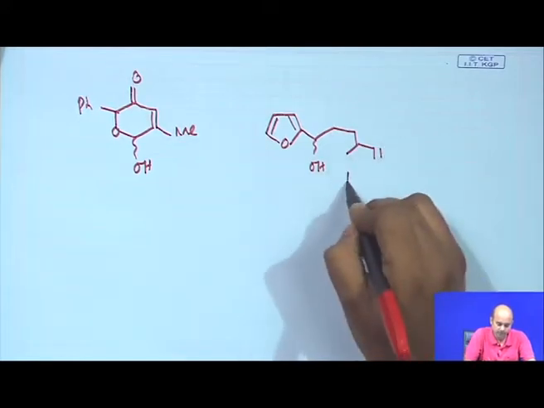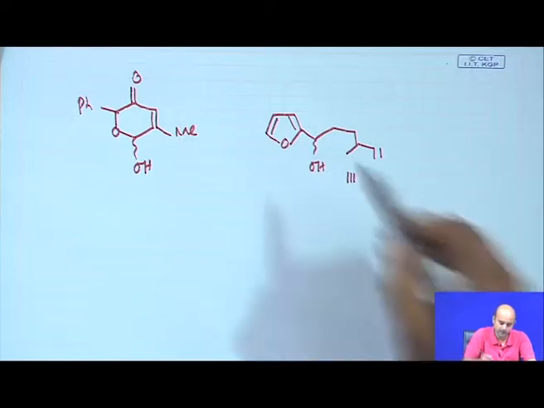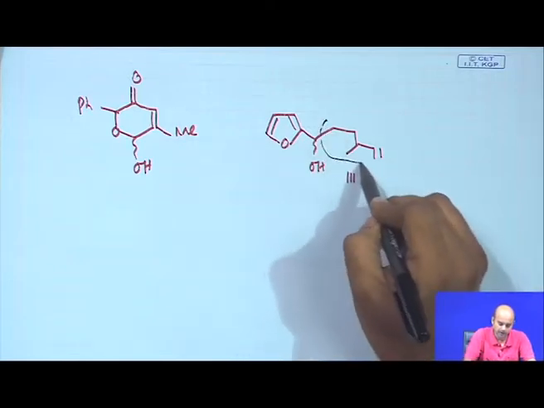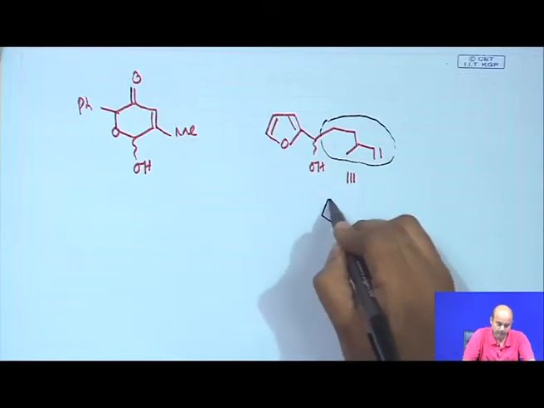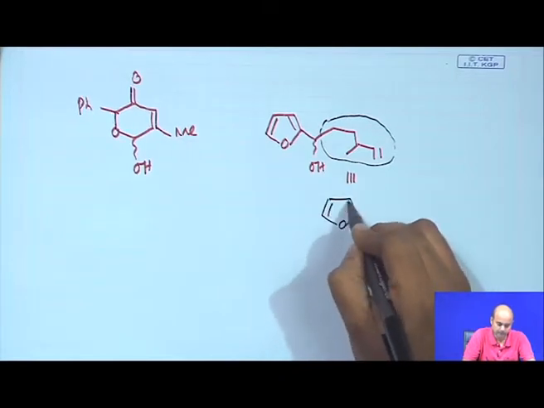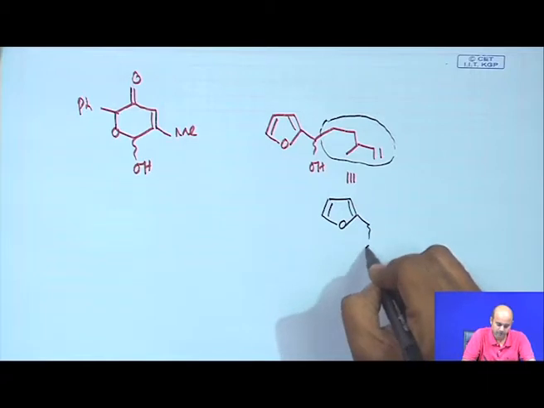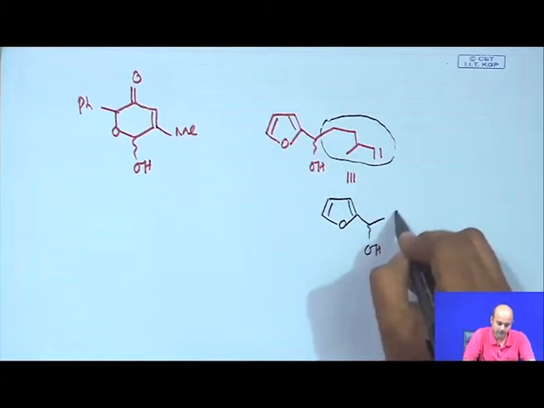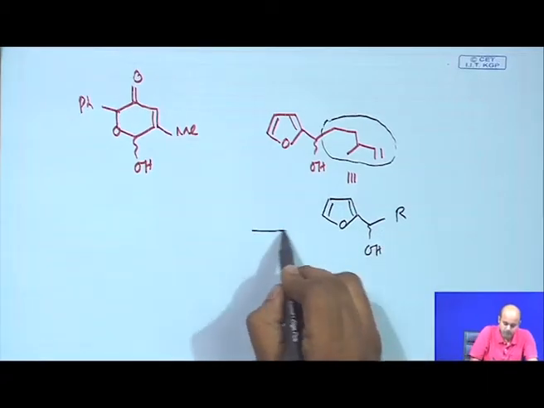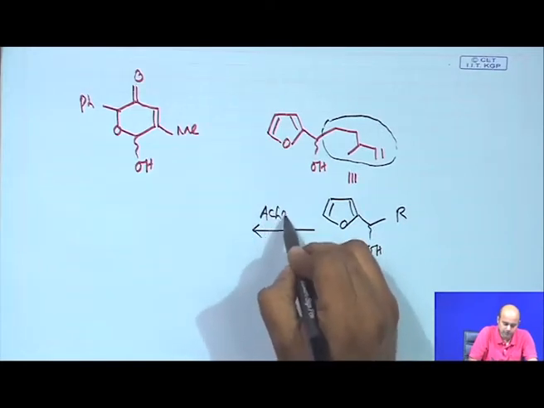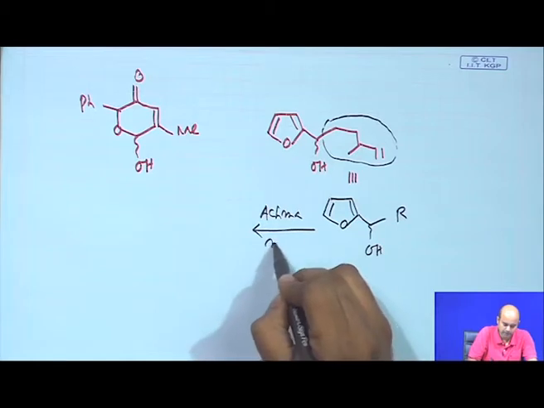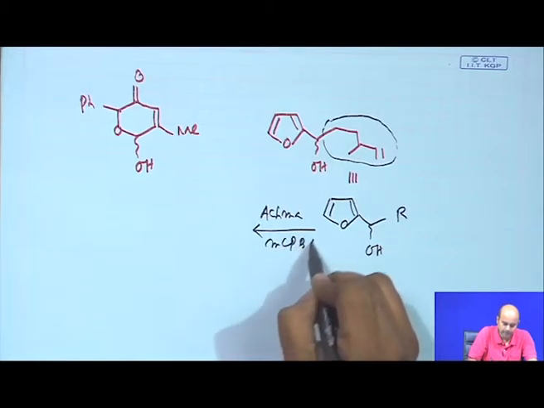We will try to simplify it by putting the entire group as an R. So, we will now write these things as OH R. Now, subject this starting material to this Achmatowicz reaction, by MCPBA, okay.